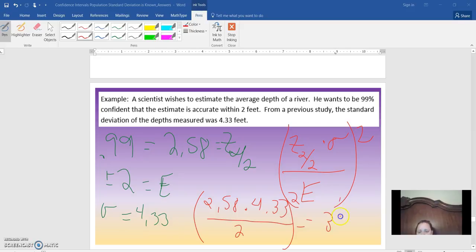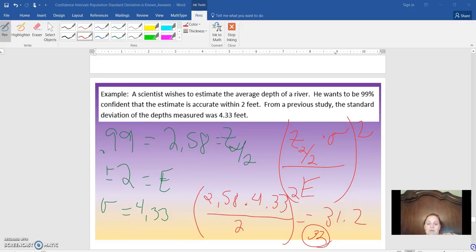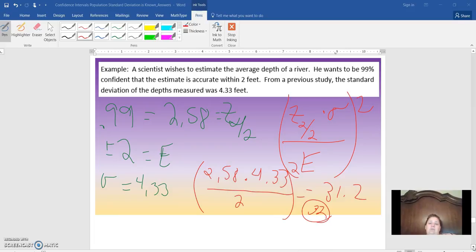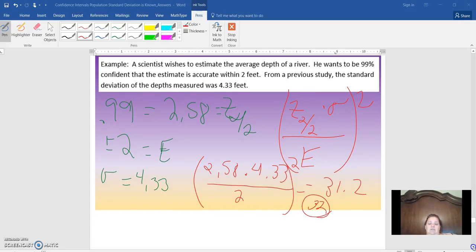So I get 31.2, which means it needs to be 32. Because you can't take 0.2 of a measurement, or you can't have 0.2 of a person, you always round up. So they're going to take 32 measurements of the river, most likely evenly spaced out. That way it ensures that the scientist is 99% confident within 2.